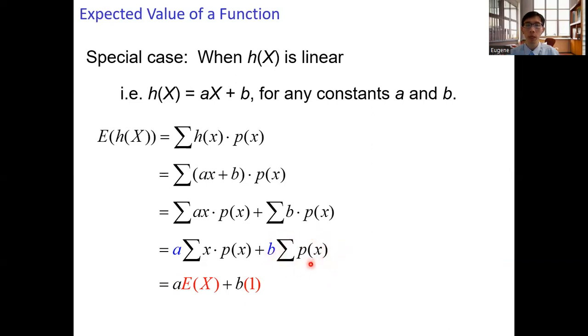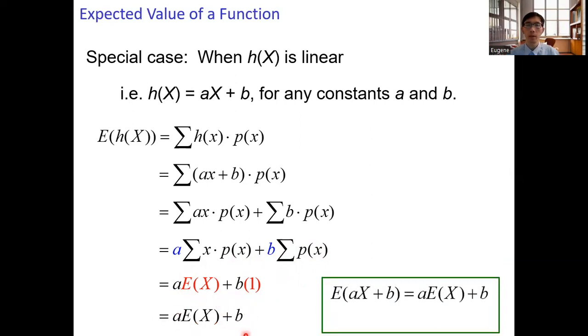This is the property of any PMF. So here we get a times the expected value of x plus b times 1. So we get the expression: the expected value of ax plus b equals a times the expected value of x plus the constant b. Or we can write it as mu of ax plus b equals a times mu of x plus b.